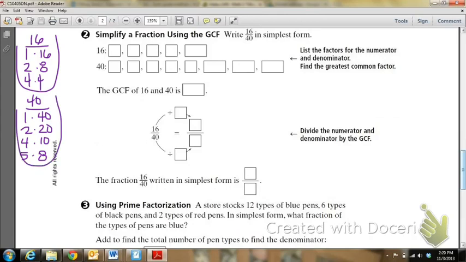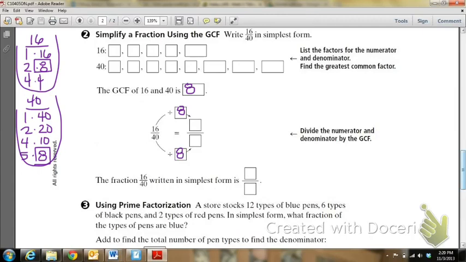So my common factors are 1, 2, 4, and 8, which means that the greatest common factor in both of these is 8. So I'm going to go ahead and reduce 16 over 40 by 8.